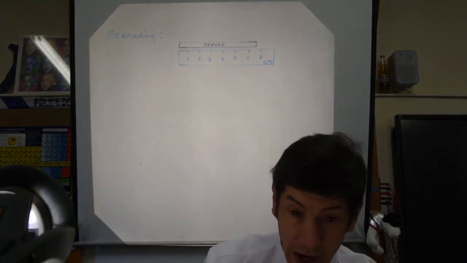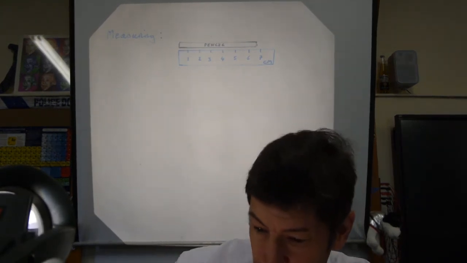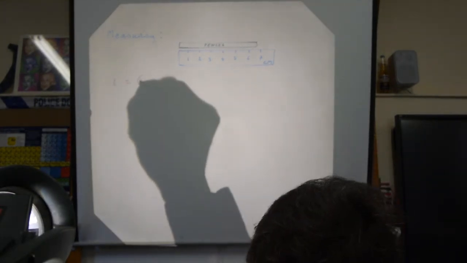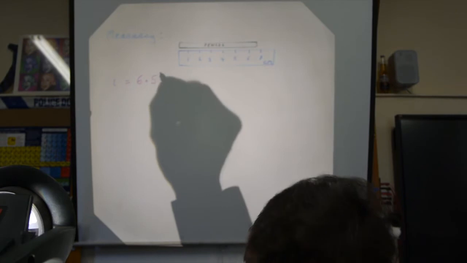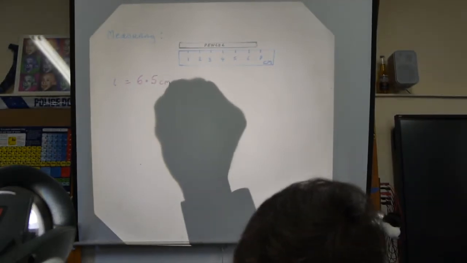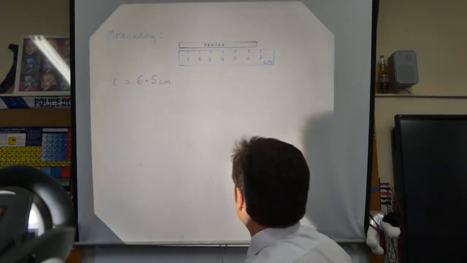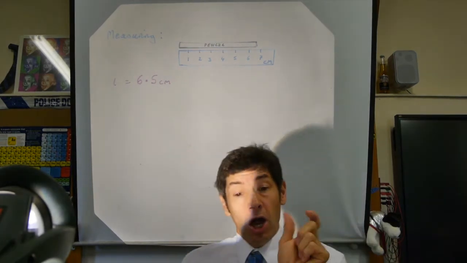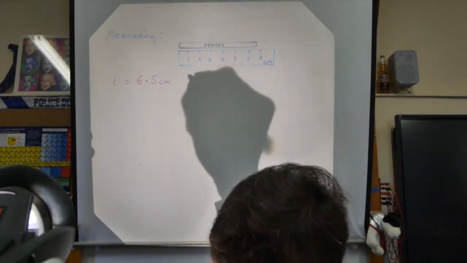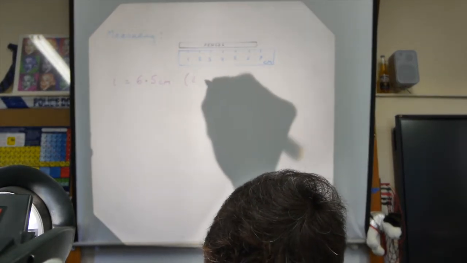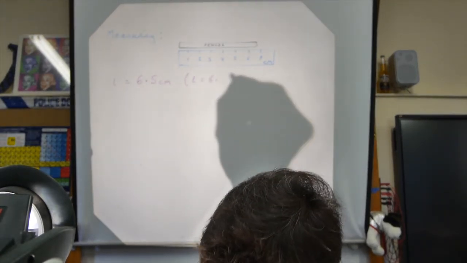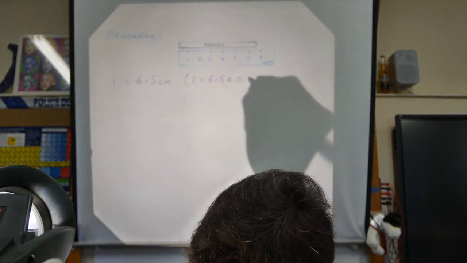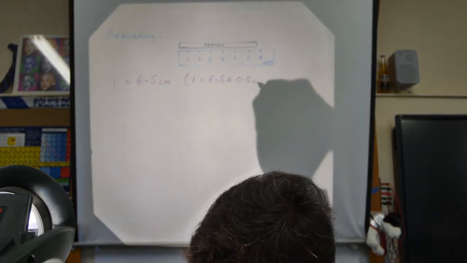So we can see that the length, L, is equal to 6.5 centimetres. But we should do a better job there, really. We should say that it's about plus or minus half a division. So I'm going to put in brackets here, the length is equal to 6.5 plus or minus half a centimetre.